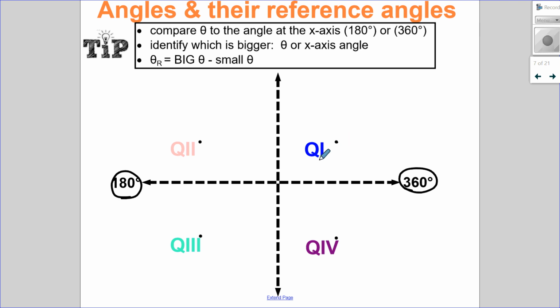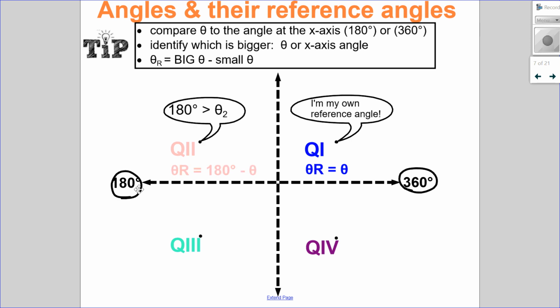In quadrant 1, all the angles are their own reference angle, so the reference angle is the same as the angle. In quadrant 2, 180 degrees is the bigger one, so I figure out my reference angle by doing 180 minus the angle, big minus small. In quadrant 3, the angle is bigger than 180, so to figure out my reference angle, I take my angle minus 180.